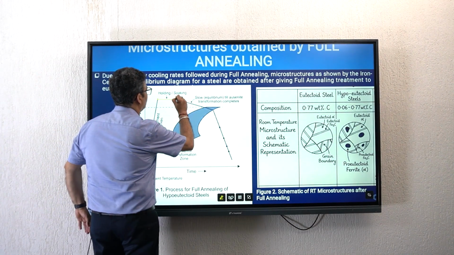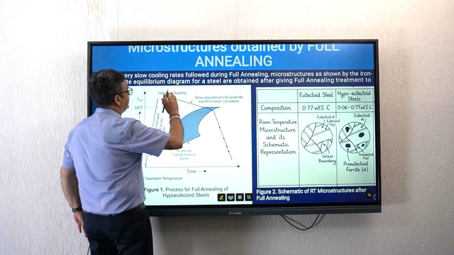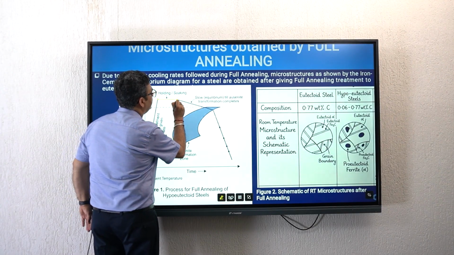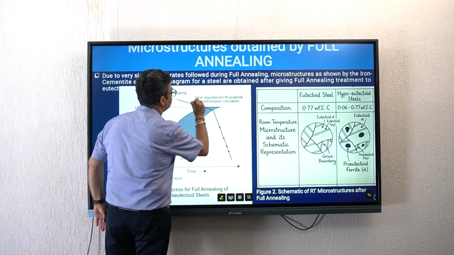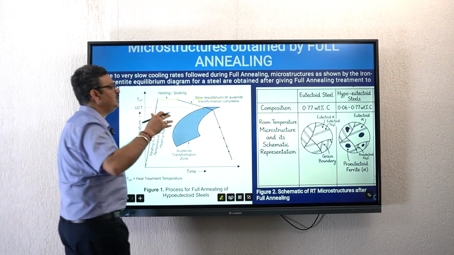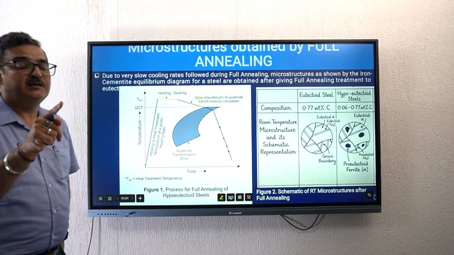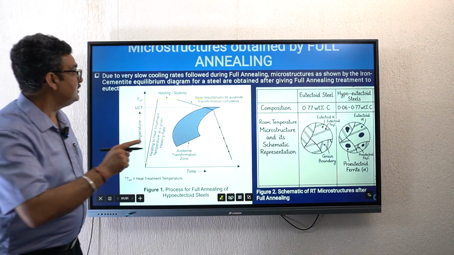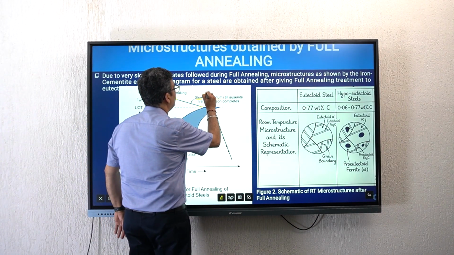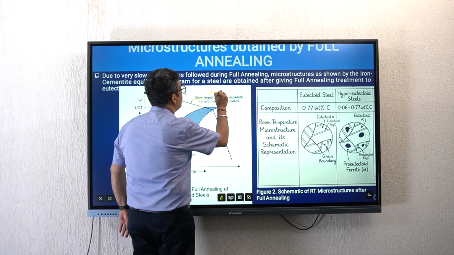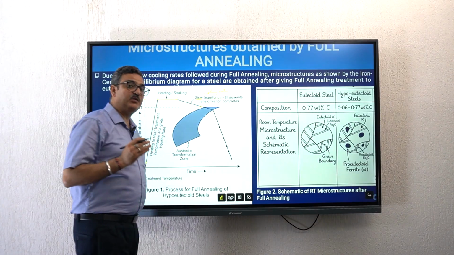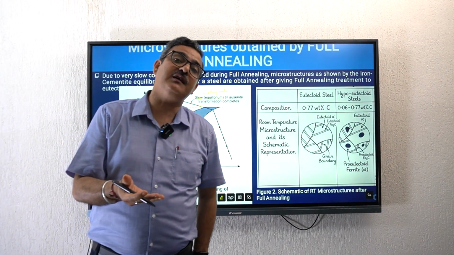And after this holding has completed, we'll start cooling the steel at very, very slow equilibrium cooling rates. But till what temperature will these slow cooling rates be adhered to?